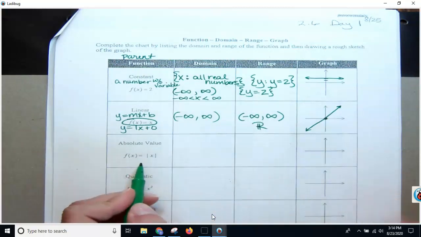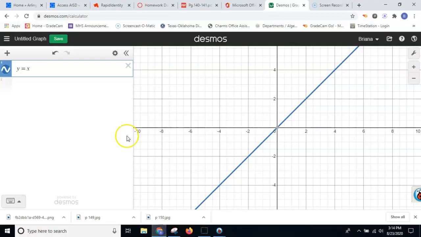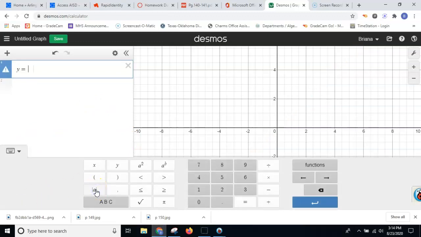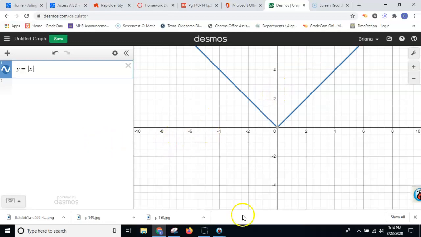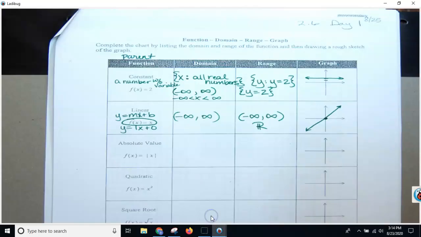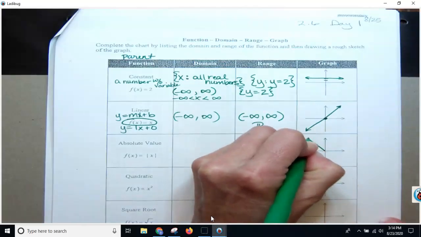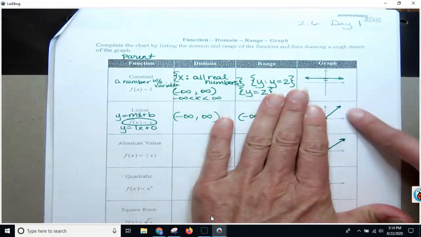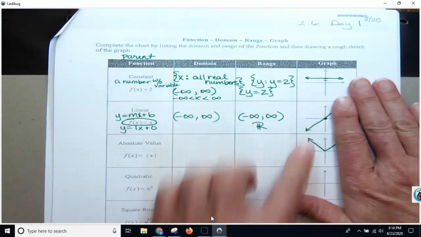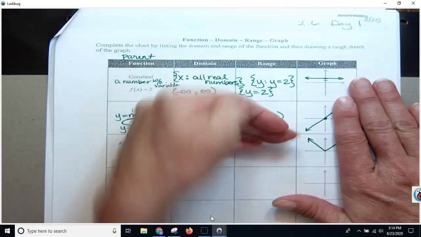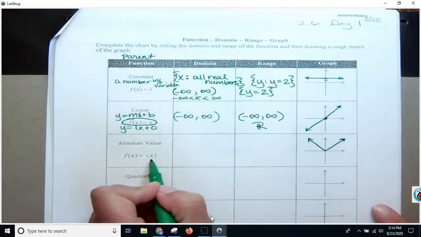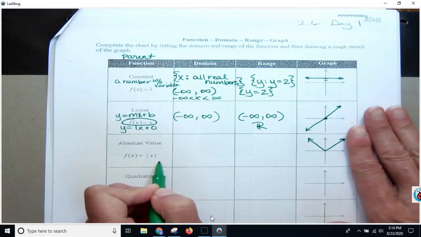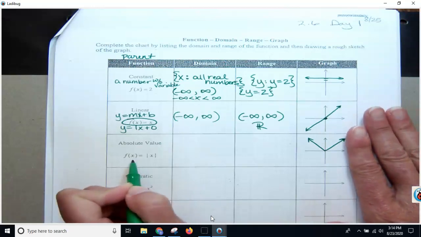Okay? Absolute value. Again, if you go to your Desmos and plug in the absolute value of x, that's what it's going to look like, that V shape. You've got something that looks just like a line, except you'll notice this part of the line is exactly the same, and this part is this line flipped up, because when you have the absolute value, y cannot be negative.